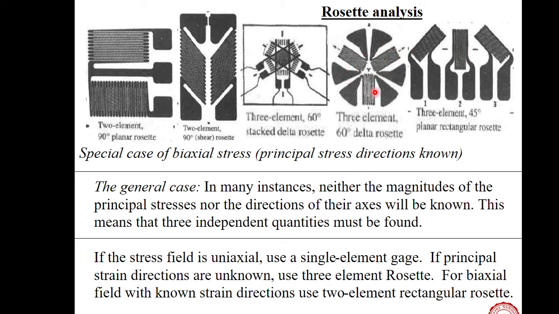This is another three element rosette where the angle between these directions is 120 degrees apart. These are the active gauges. They are 120 degrees apart. Now this is basically the star, actually. This is 120 degrees basically.